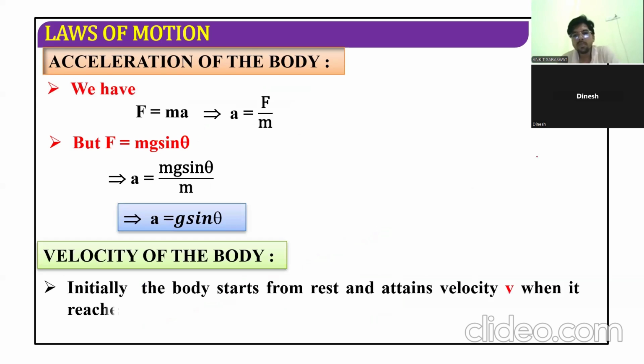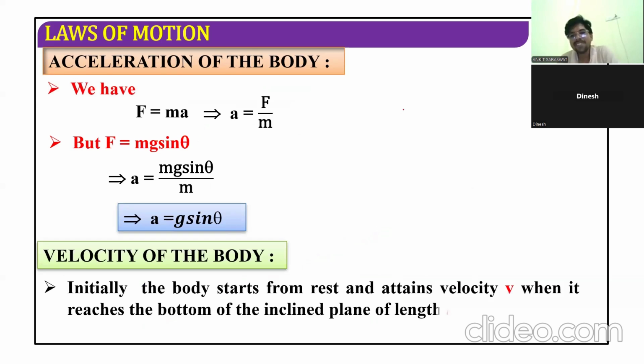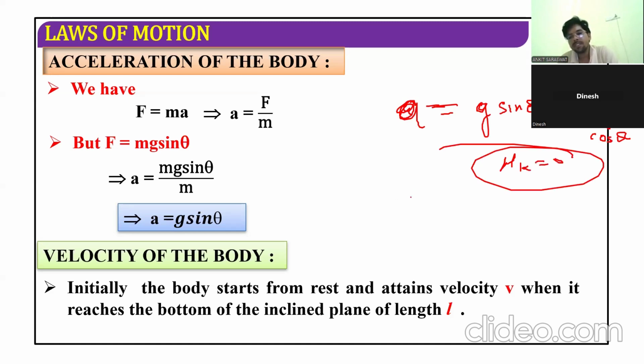If there is no friction, please tell me, is there any need to use the formula a is equal to g sin theta minus mu k g cos theta? If there is no friction, then mu k will be 0. Confirm, a will be g sin theta. What is the need to derive?